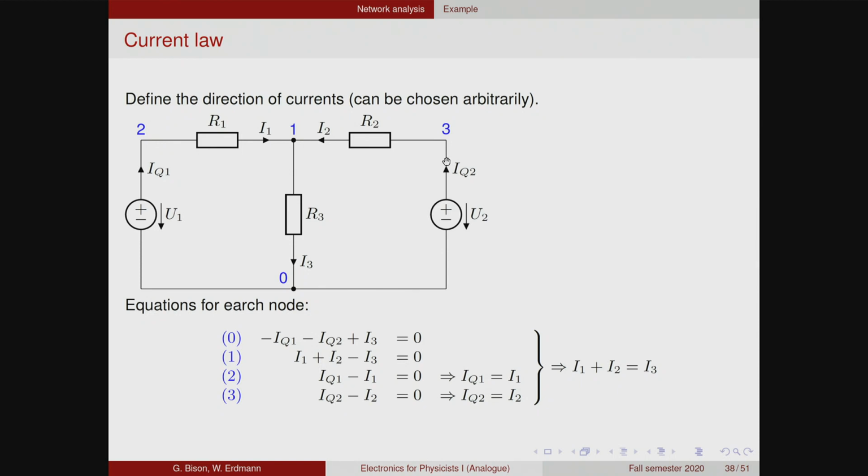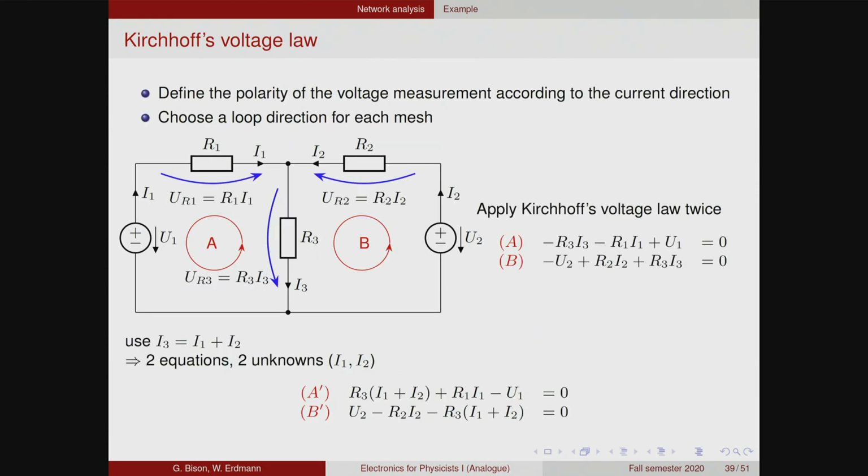The current coming out of voltage source 2 goes through the resistor and has to be equal to current 2. Now, we can put these two identities into the first equation, and then we see that the first and the second equations basically say the same thing, that the sum of currents 1 and 2 is equal to current 3. Of course, this is trivial here, but if you have a more complicated system, then it takes a bit more figuring out to come up with all independent equations you can find for your currents.